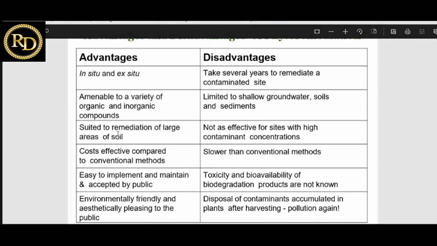Plants can also supply organic and beneficial things into the soil, so that our soil health remains consistent for a longer period. But sometimes it is limited to groundwater, shallow groundwater, soil and sediments.